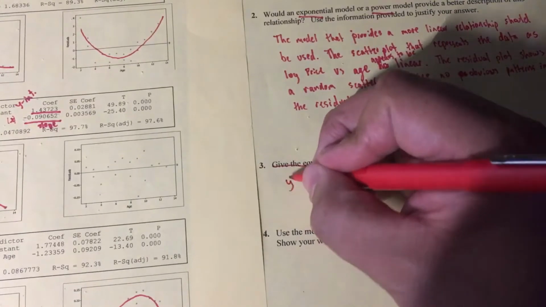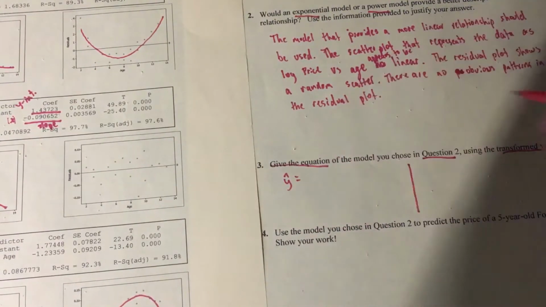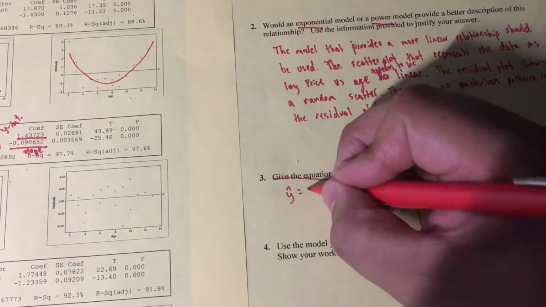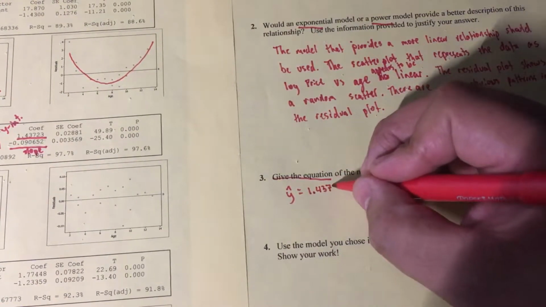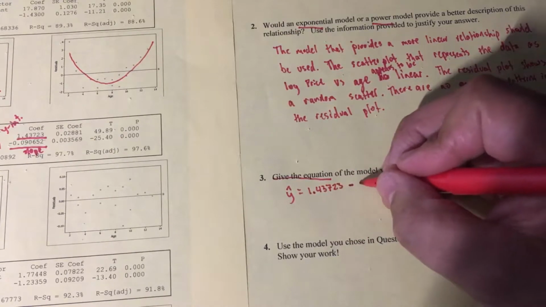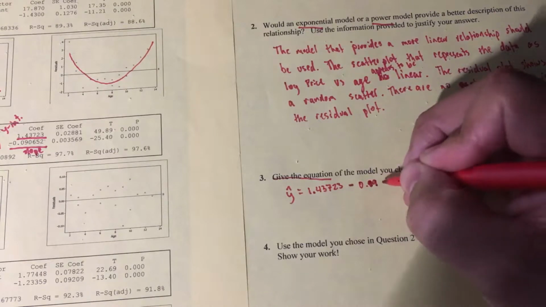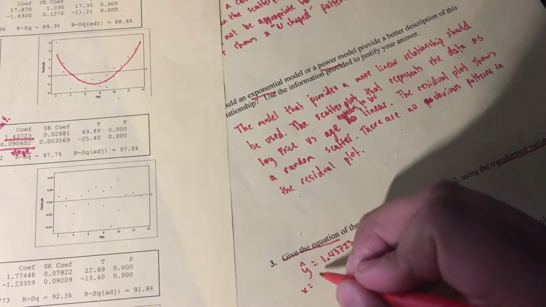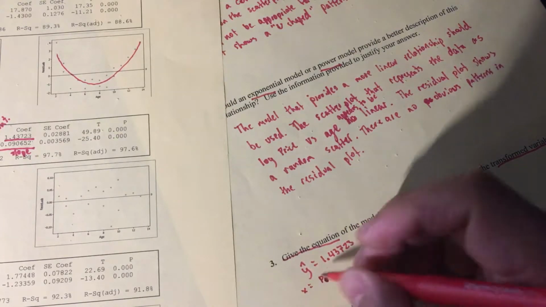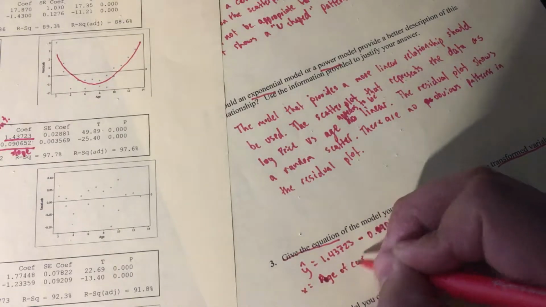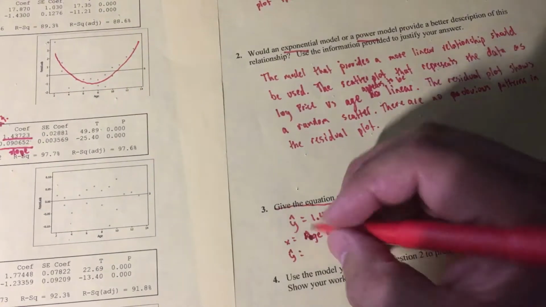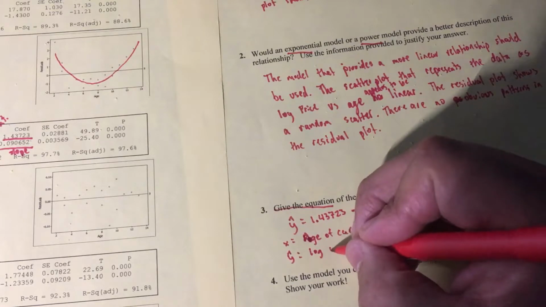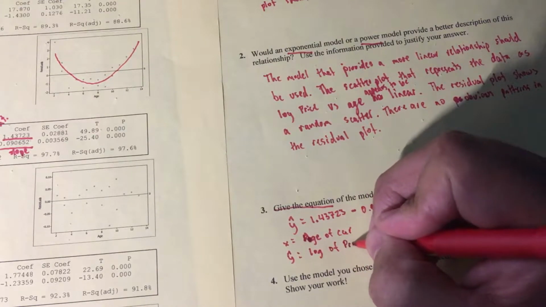You can write it straight up: y hat is equal to a plus bx, so y hat equals 1.43723 minus 0.090652x, and you need to indicate that x is equal to the age of the car, and in this case, log y hat would be the log of the price of the car.